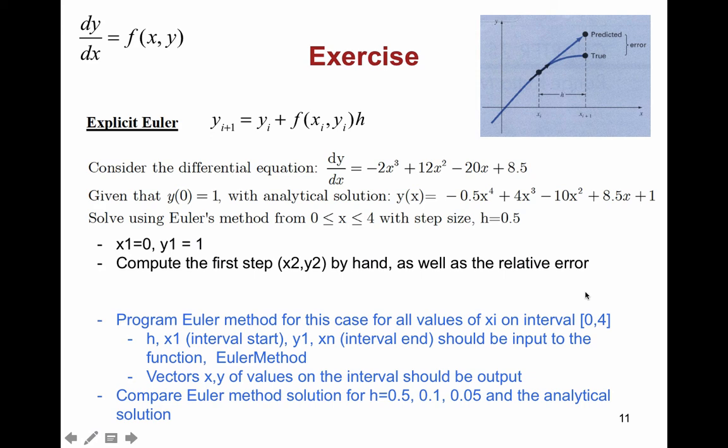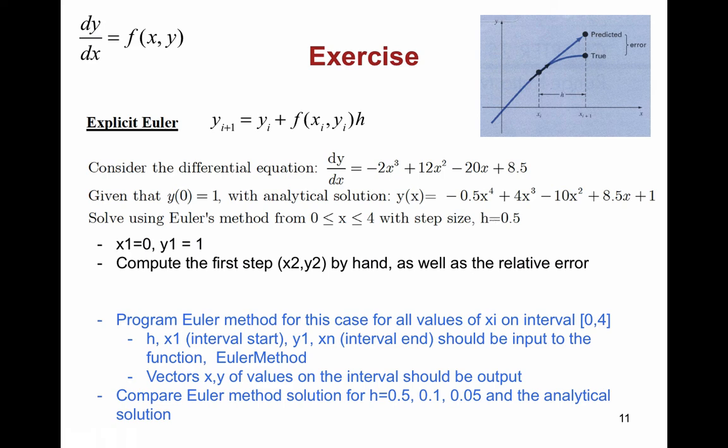If you just got awake just now, the formula is given here. Given x1, y1, and this rule for iteration, find me x2 and y2. h is 0.5.